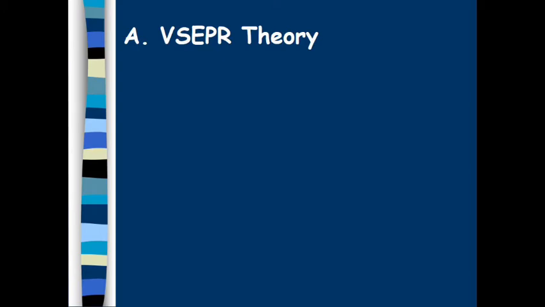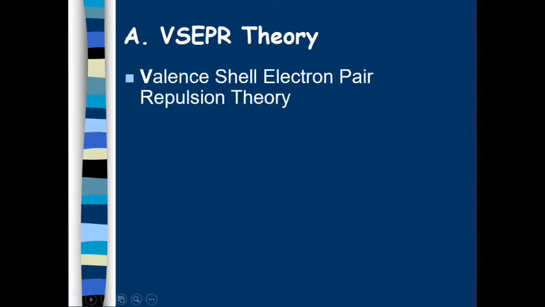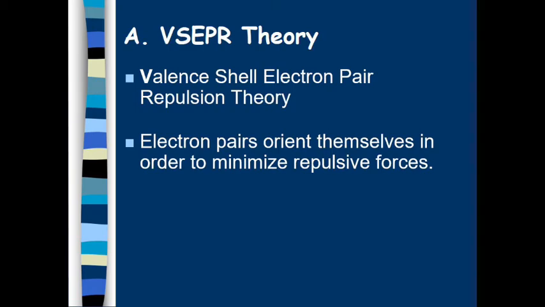So starting off, VSEPR Theory. VSEPR Theory stands for Valence Shell Electron Pair Repulsion Theory. And electrons will orient themselves in order to minimize repulsive forces.